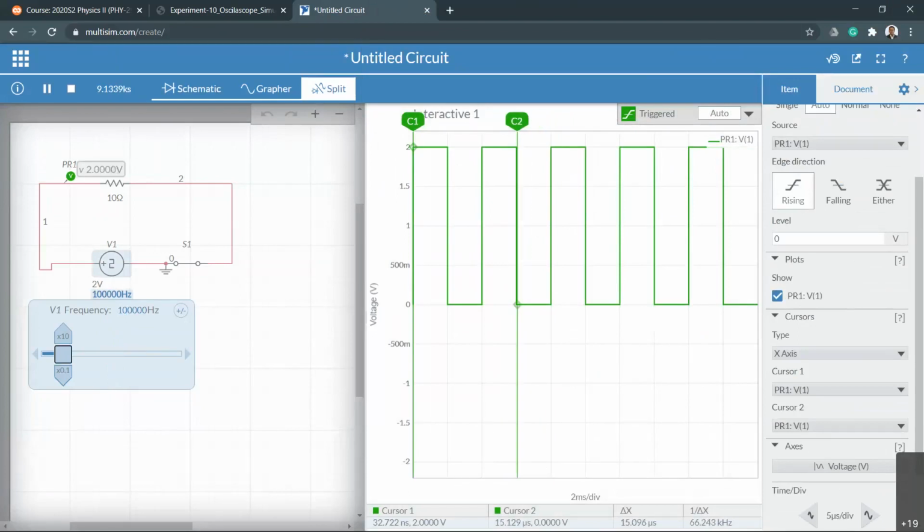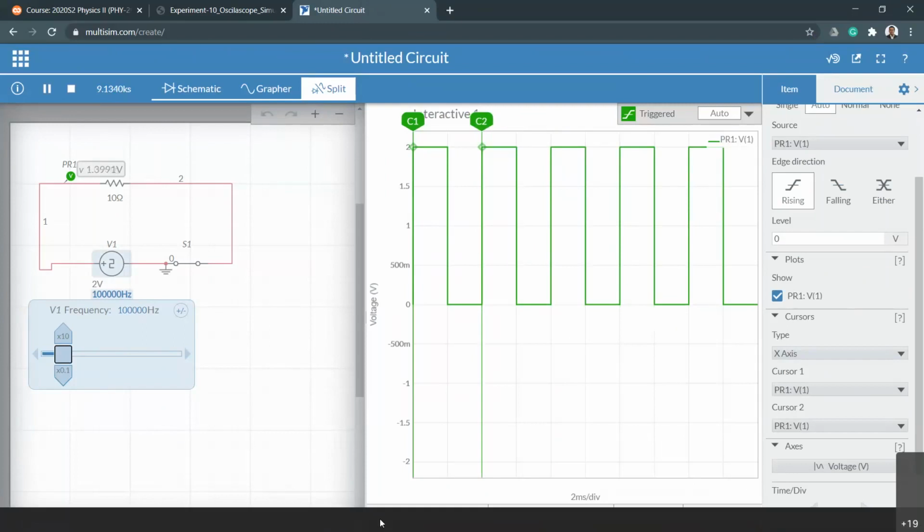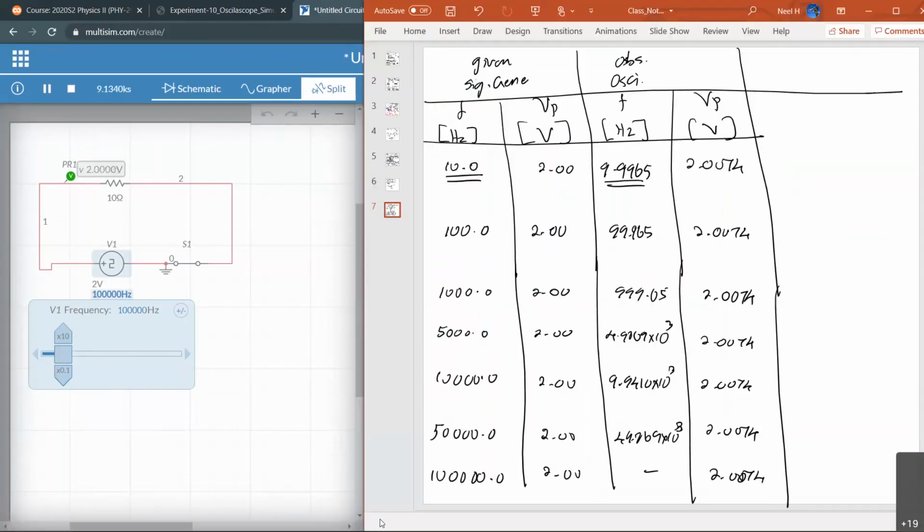And I'm going to change only the cursor position, all the way to match with the very end. And now you can see it is 100 kilohertz. That is actually 100,000 hertz, right? So 100.00 times 10 to the 3 hertz.